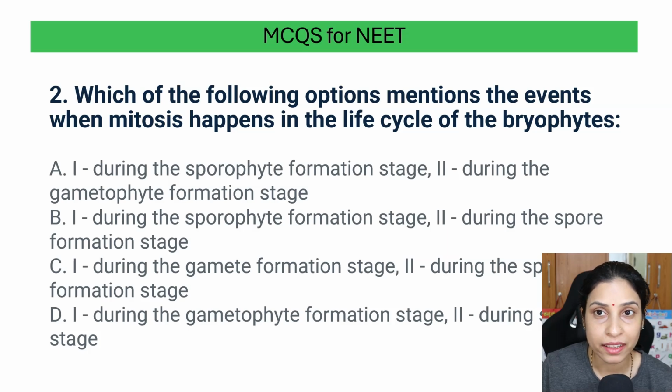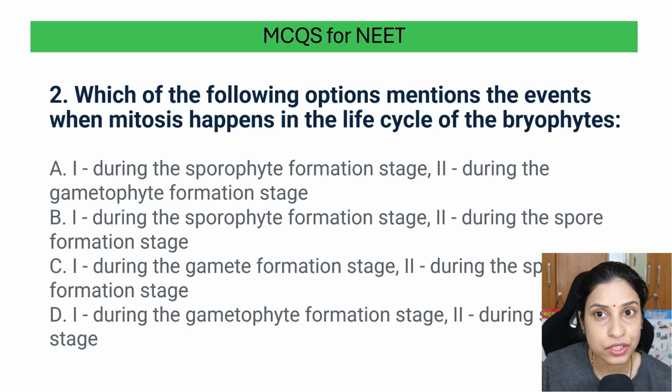Gametes are formed in the gametophytic phase of the bryophyte. During sporophyte formation, mitotic division is happening. And during gamete formation also, mitotic division is occurring.